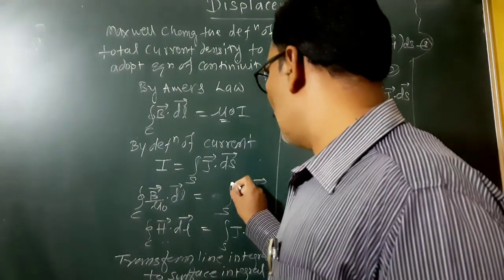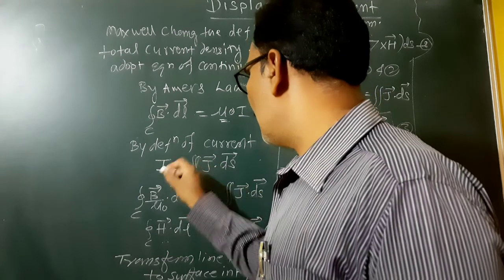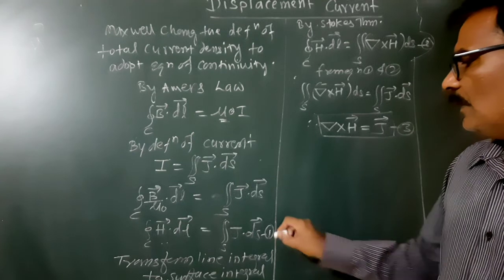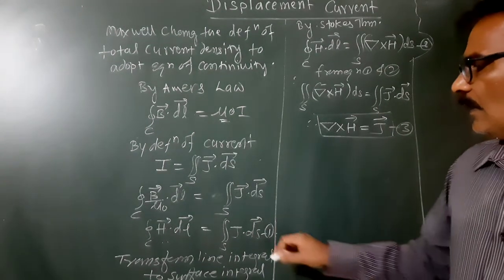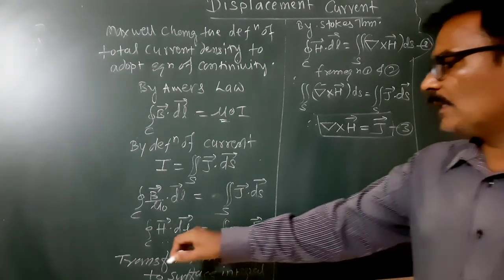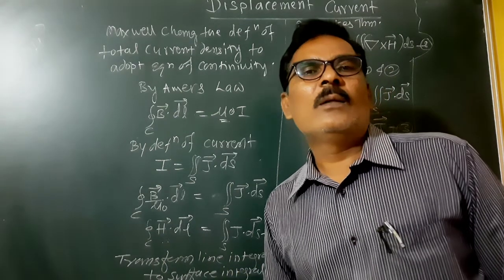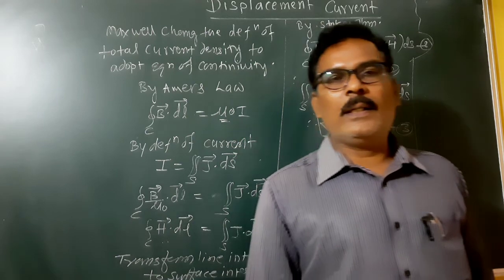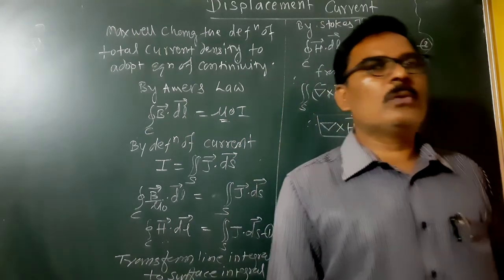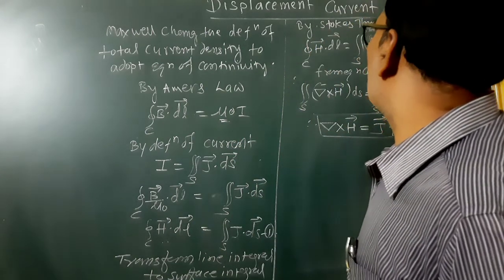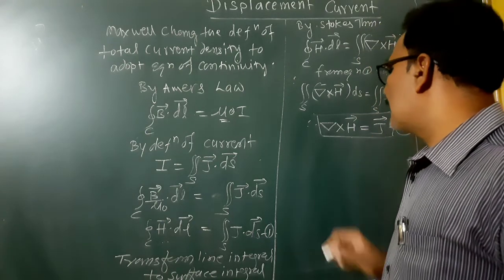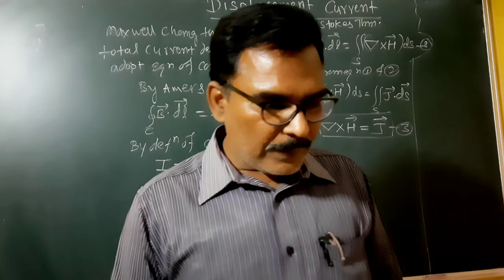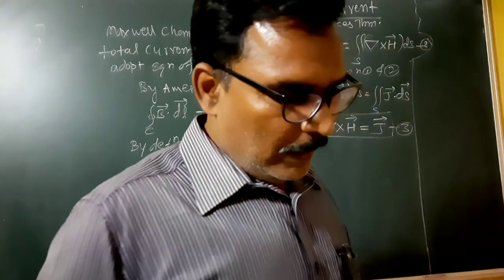That is equation number 1. Transform this line integral into the surface integral using a very important theorem called Stokes theorem. By using Stokes theorem, the line integral can be transformed into the surface integral. We get curl of H bar is equal to J bar. This is equation number 3, which is the equation of continuity.